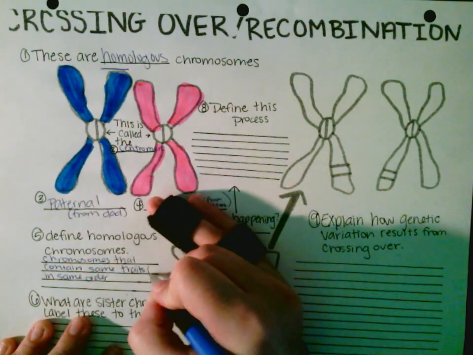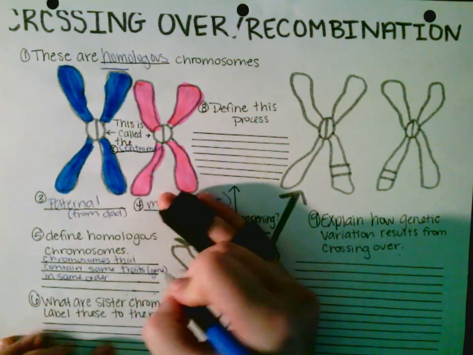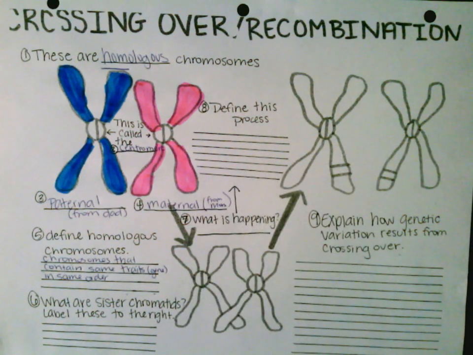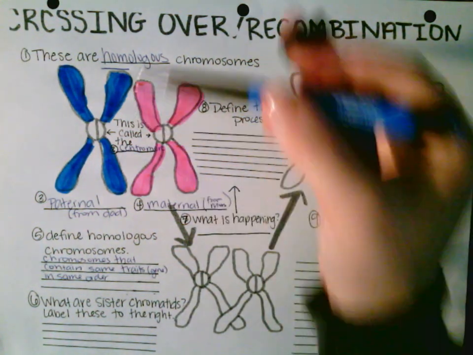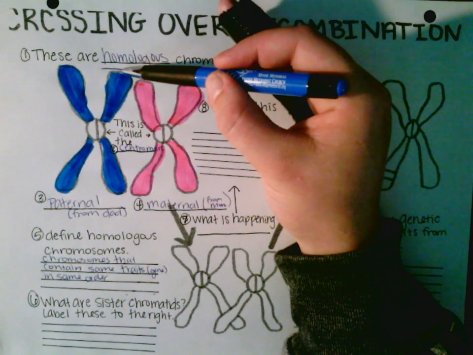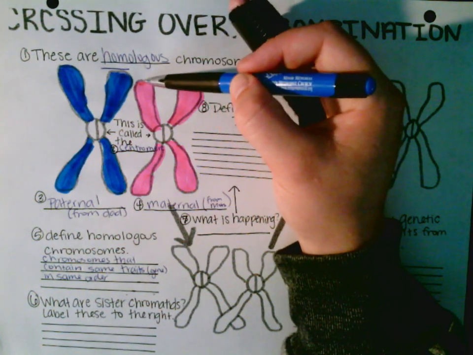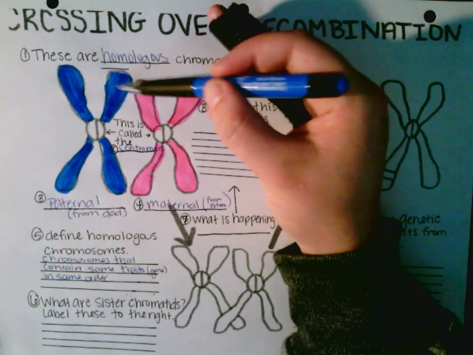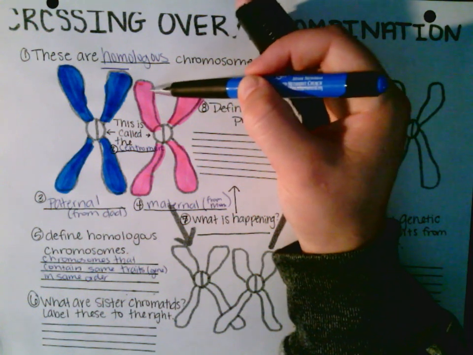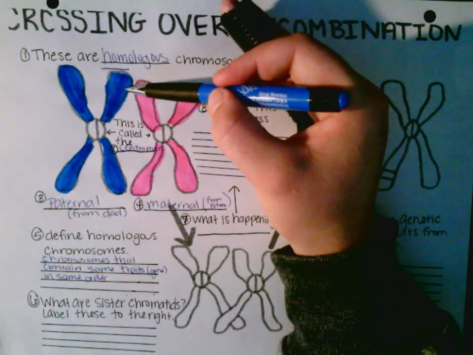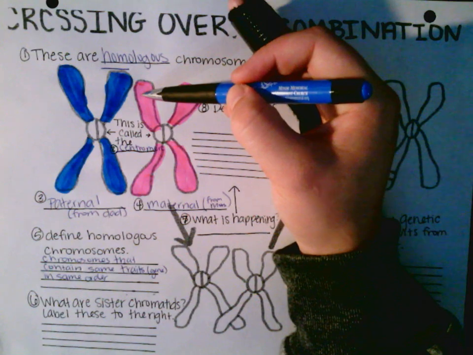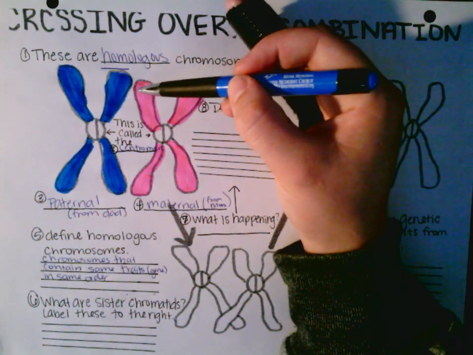And by traits here, we really mean genes, those sections of DNA that control traits. Meaning the end of this chromosome might control hair color, and same thing for mom's chromosome over here. Next little section might control eye color, same little section over here. Now dad might code for blue eyes, mom might code for brown eyes, but they're going to be in the same section of those chromosomes.